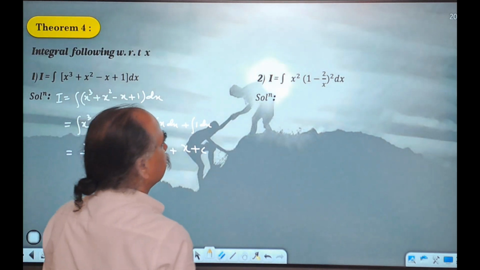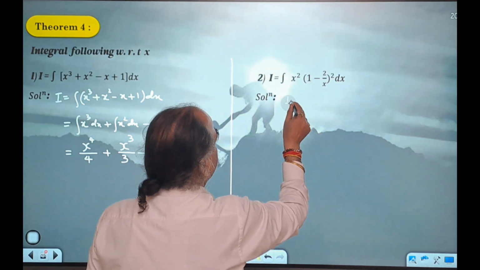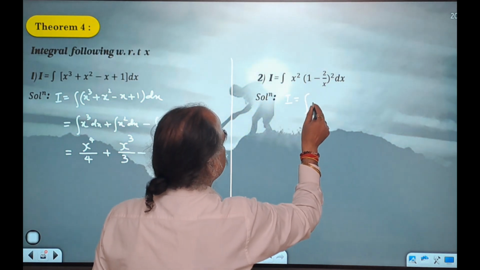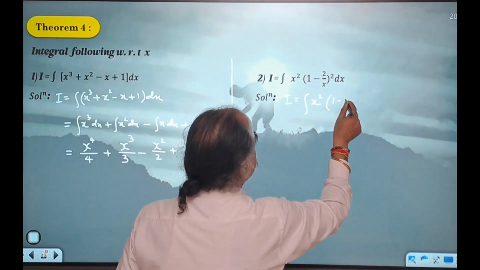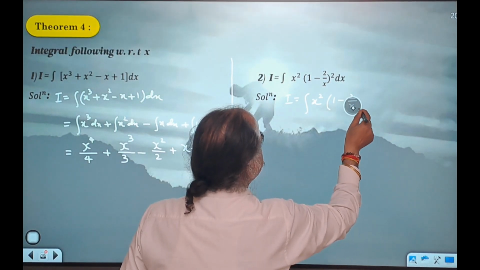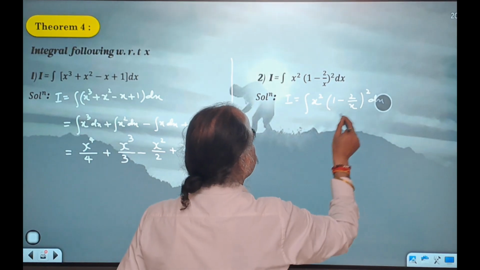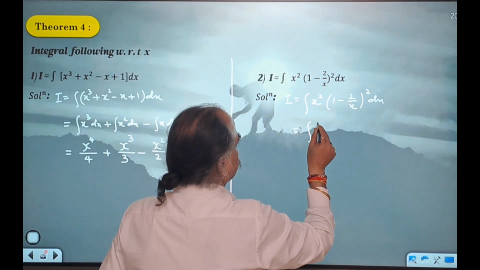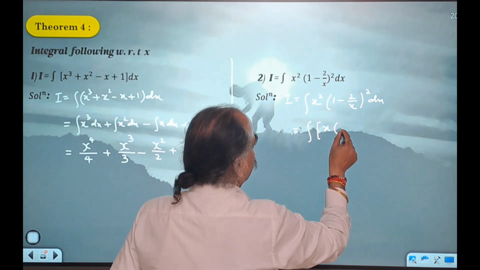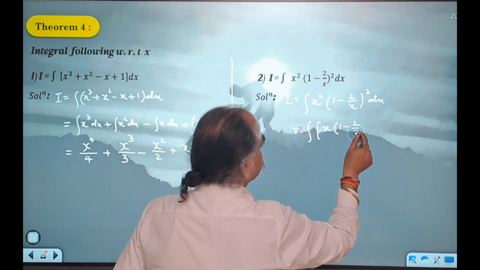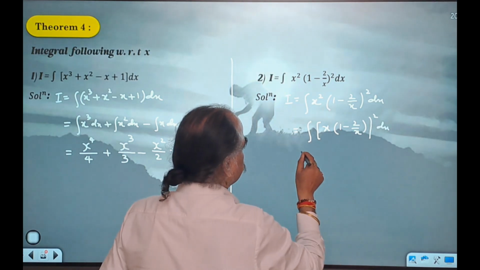See the second one. I is integral x square into 1 minus 2 upon x square dx. We can take the common x square into 1 minus 2 upon x the whole square dx.